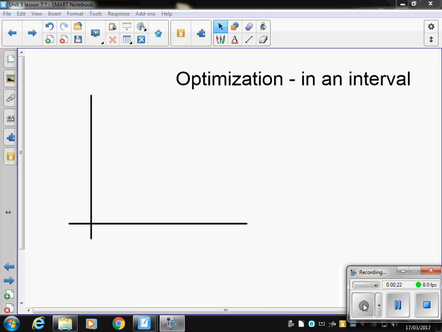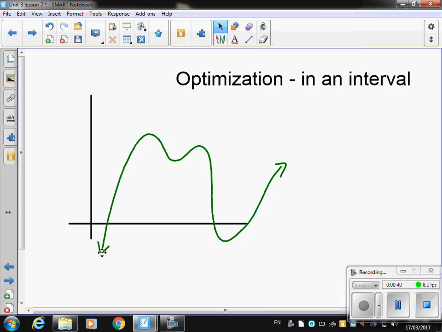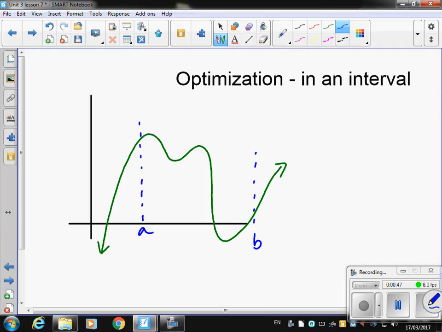So what we did just before the break was to look at optimization in an interval. So if we had some crazy function, let's just make it ridiculous, and I asked you to find the maximum and minimum values in the interval from A to B. You can see by my diagram that I would need to consider all those extrema.